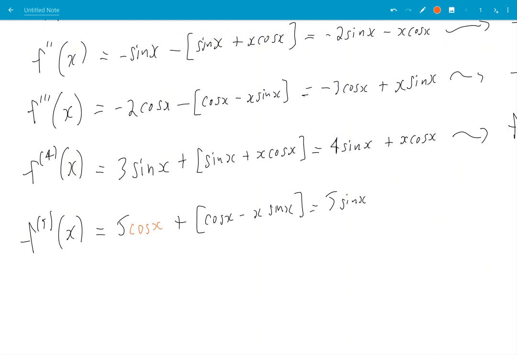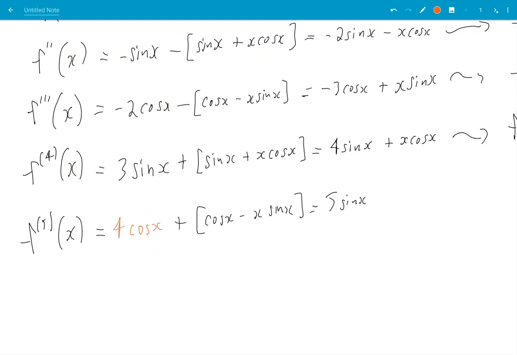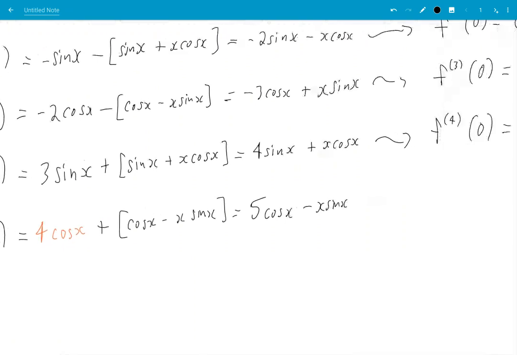Trying to go too quickly here. So I got 4 sine x. So if the derivative is 4 cosine of x, the fifth is 5 cosine of x minus x sine x. Okay, now if I plug 0 in there, I get 5.